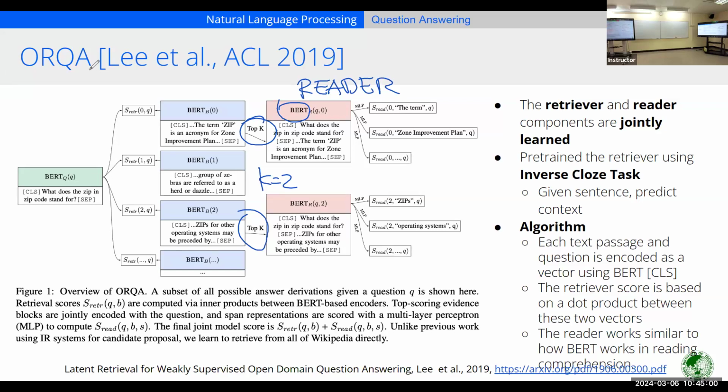And what is the thing? It's very simple. We already studied this. You first have the question here.